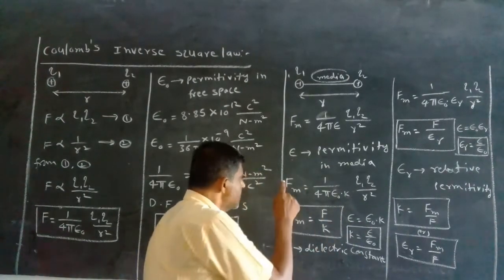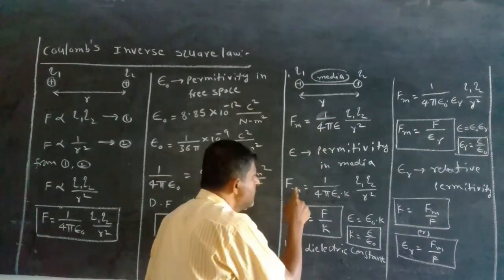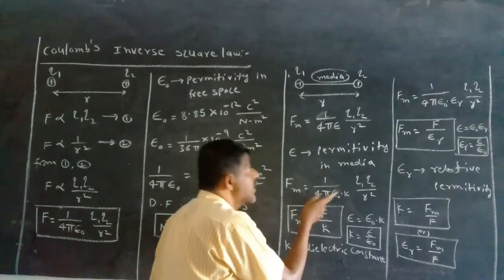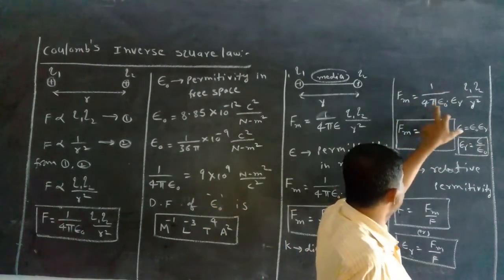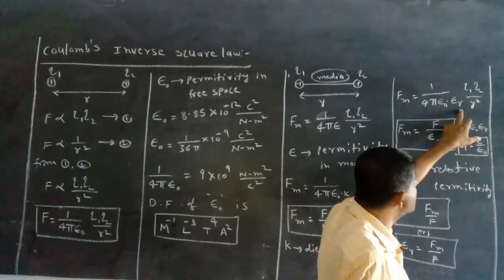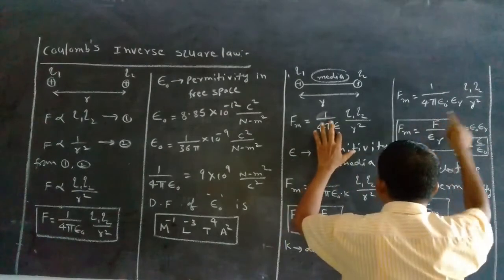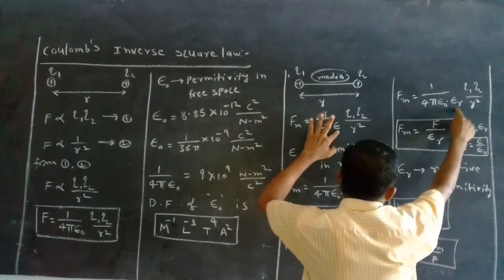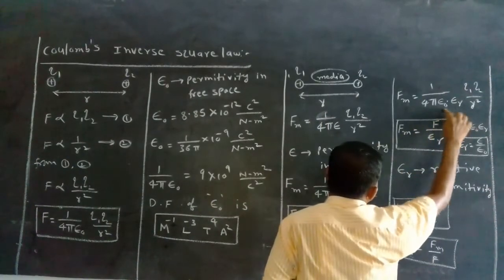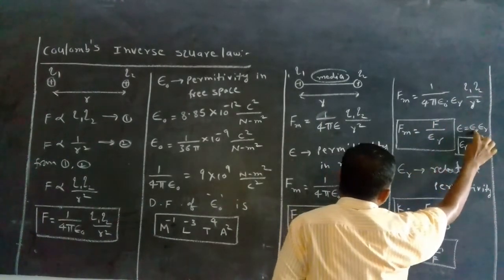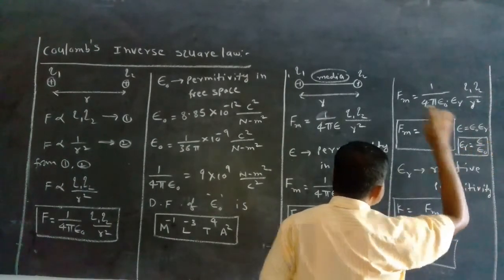When the medium is taken, we can write the force equation in another form also: Fm is equal to 1 by 4 pi epsilon naught into epsilon r, q1 q2 by r square. Instead of epsilon, we take epsilon naught into epsilon r, where epsilon r is equal to epsilon by epsilon naught.